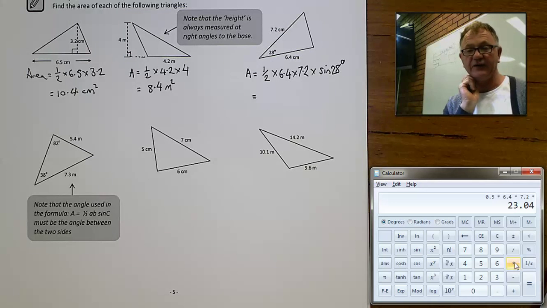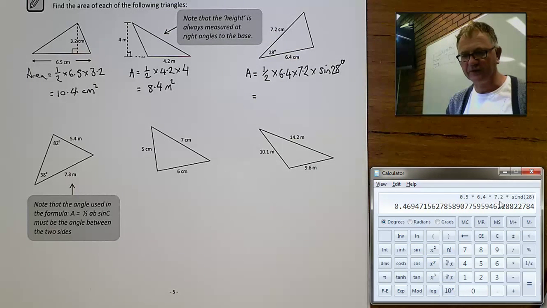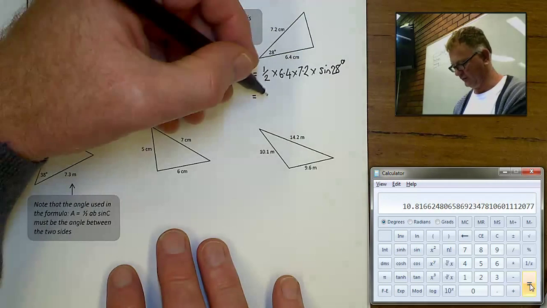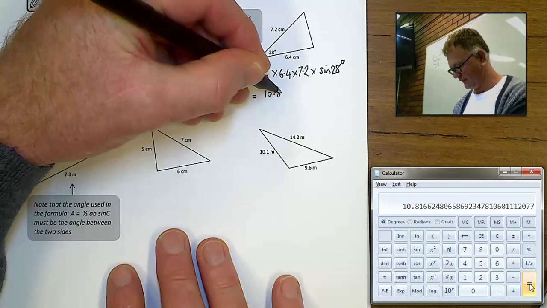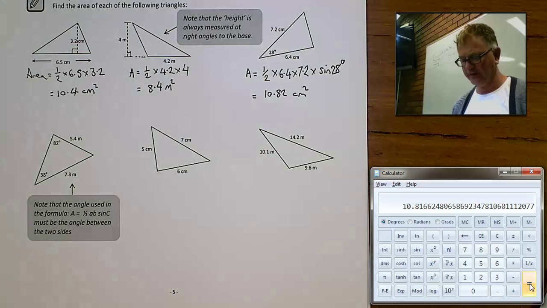On this calculator, I have to put in 28 and then take the sine of it, and you can see it says sine in degrees 28. Now your calculator might be a little bit different, and if I press equals, it works out the whole thing to be 10.82 centimetres squared.